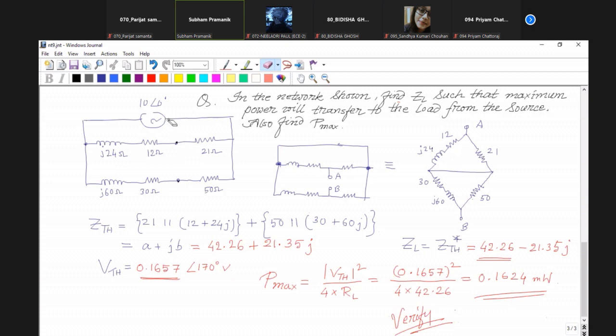Same voltage 10 is appearing across both these lines. So just check what is the voltage at this point. Then find the voltage at this point. Suppose VA, this is VB. So VA minus VB, that is your VTH.